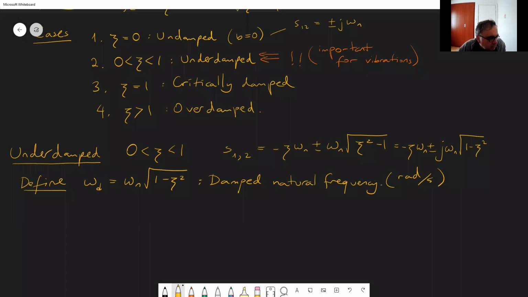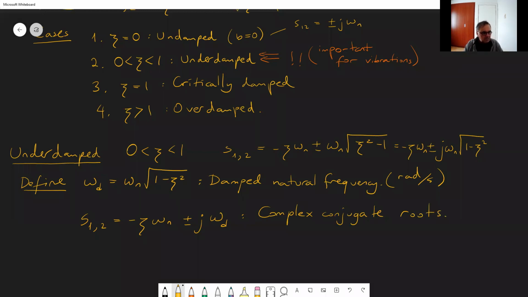So the poles, the roots, are going to be minus zeta omega n plus minus j omega d. So we have complex conjugate roots.